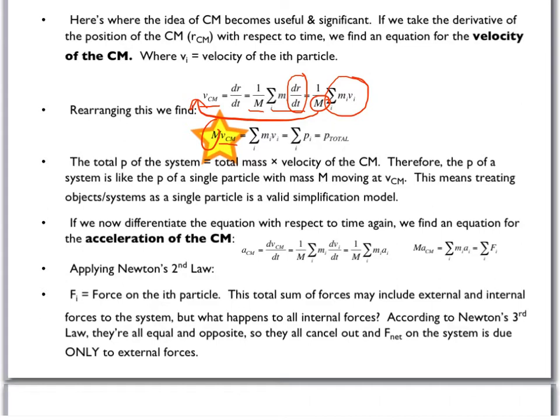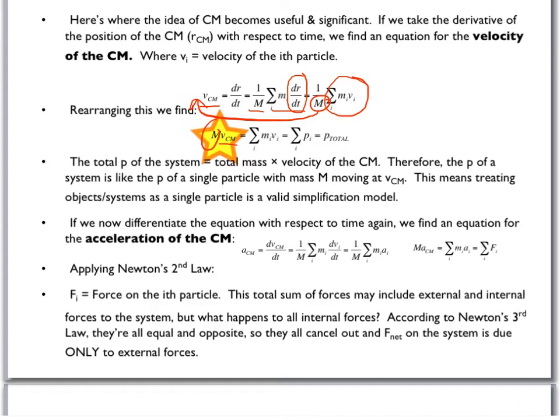What we're seeing here is an expression proving that the total momentum of a system is equal to the total mass of the system multiplied by the velocity of the center of mass. So the momentum of a system is really just like the momentum of a single particle with the mass capital M moving at the velocity of the center of mass, which means that treating objects or systems as a single particle truly is a valid simplification model.